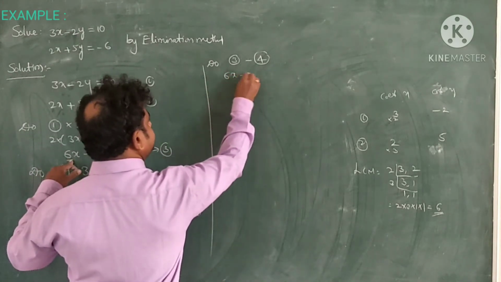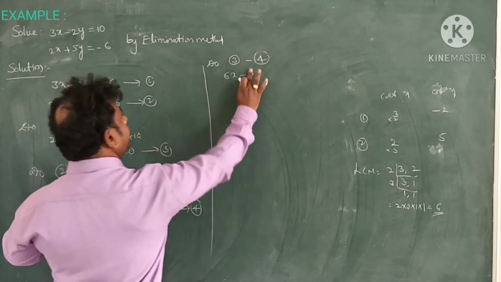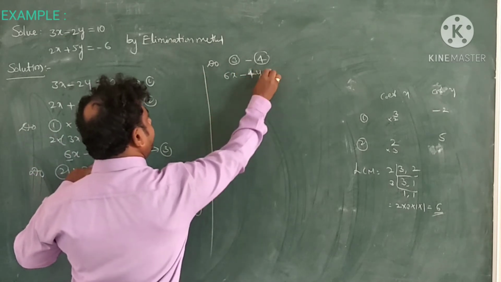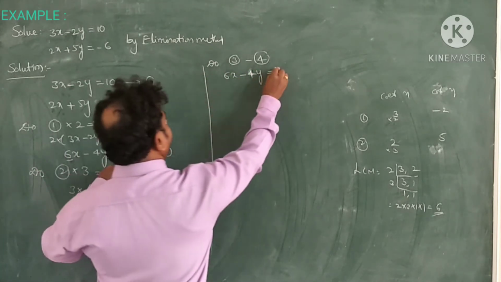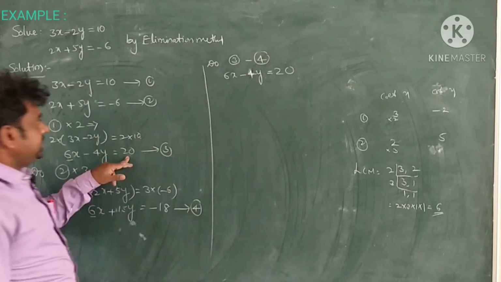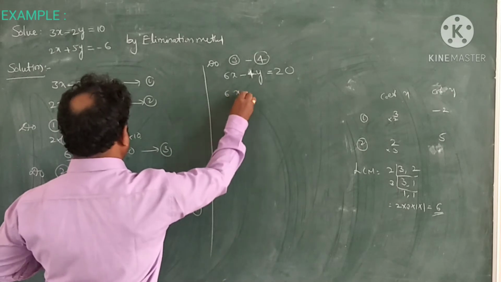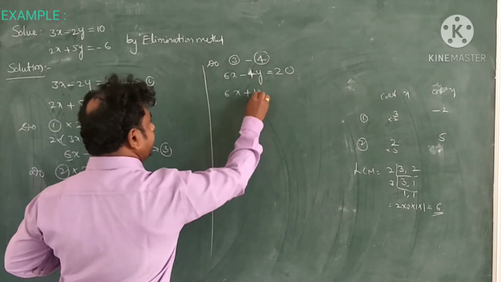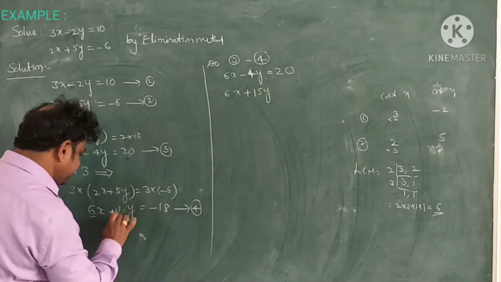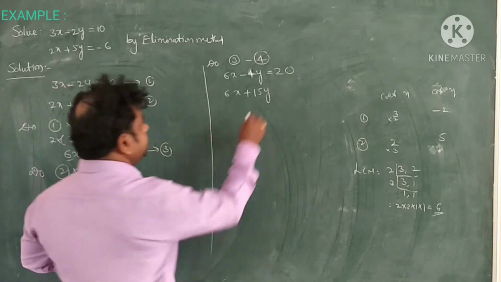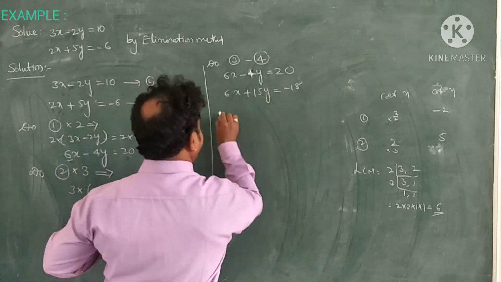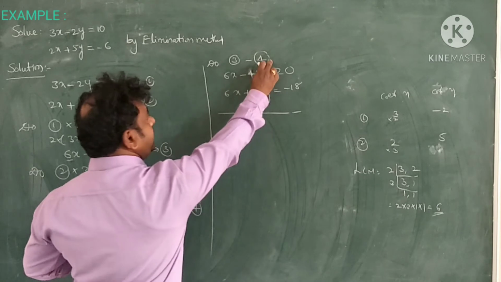Equation 3 is 6x minus 4y equals 20. Okay students, is it correct? Yes. Now equation 4 is 6x plus 15y equals minus 18.